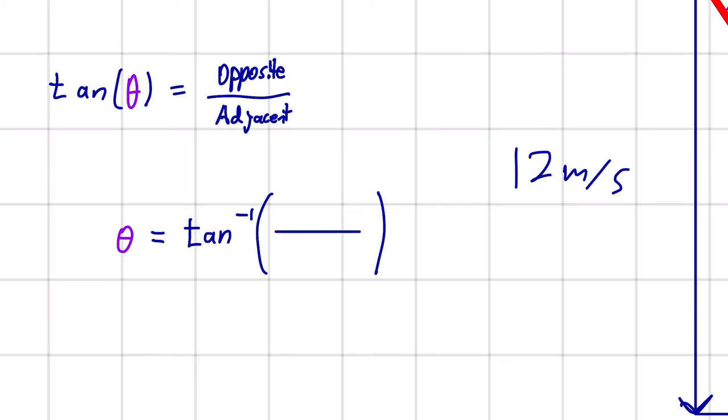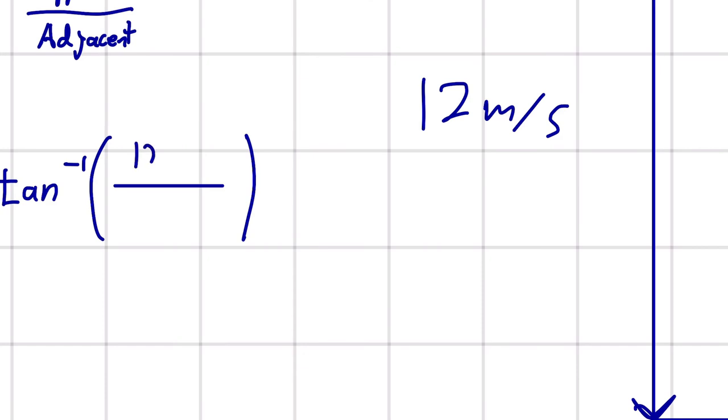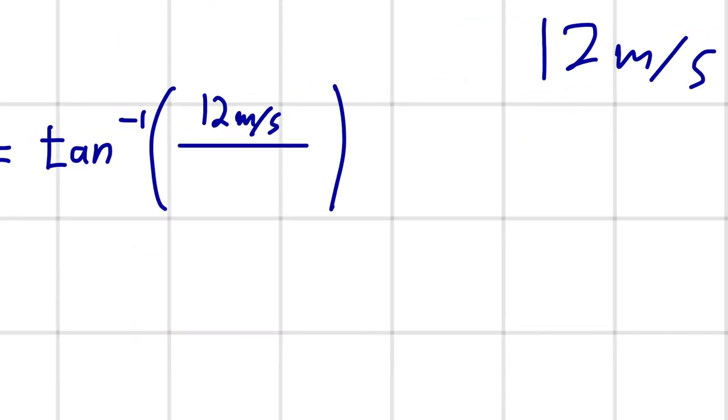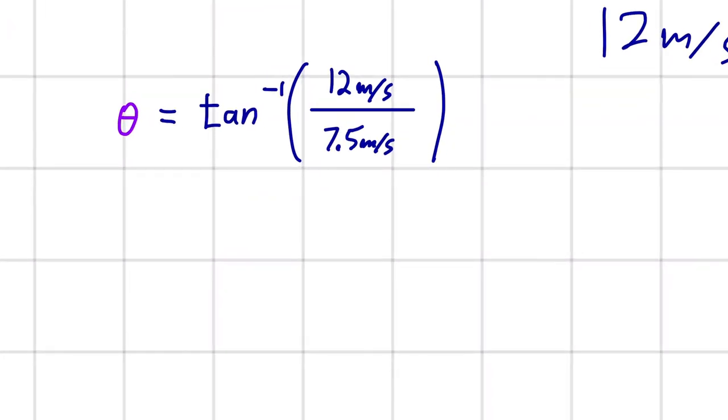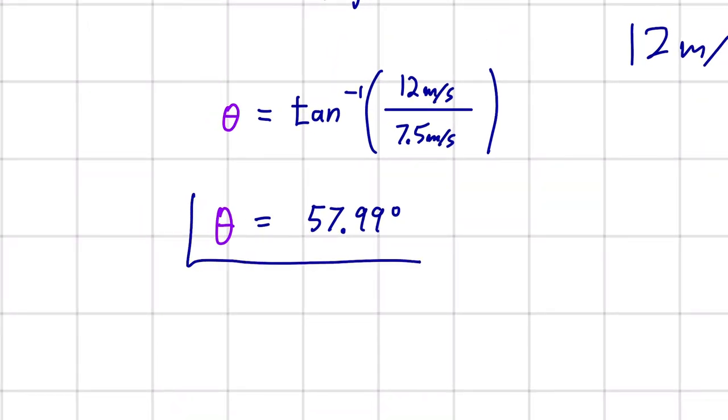We have a value for the opposite and the adjacent. The opposite of this angle is 12 meters per second, and the adjacent to the angle is 7.5 meters per second. So type this into your calculator with me. Make sure your calculator's in degree mode. You should get an answer of 57.99 degrees, and that is our angle.